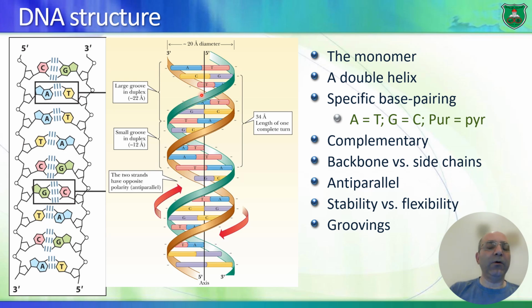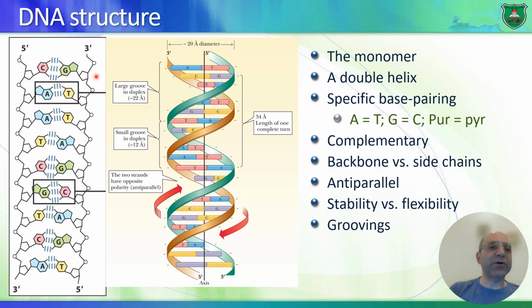If you look at the DNA molecule, you see a major groove followed by a minor groove, then a major groove, then a minor groove. Opposite to a major groove you have a minor groove, and opposite to a minor groove you have a major groove. These grooves are important because that's where proteins fit when they interact with DNA.